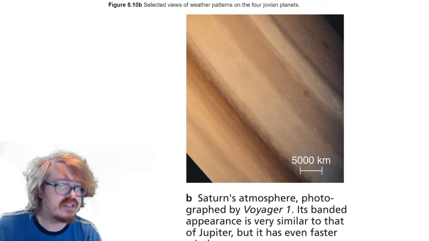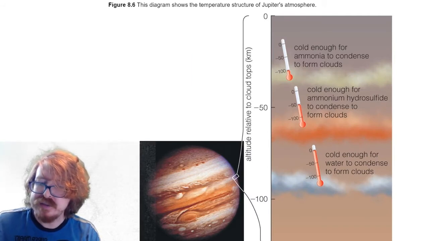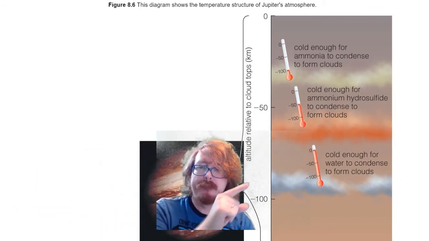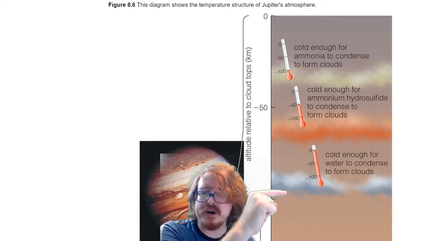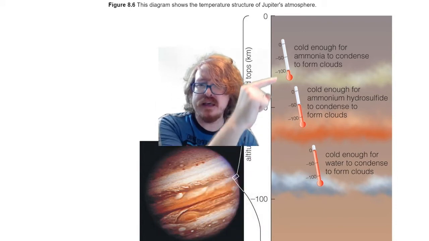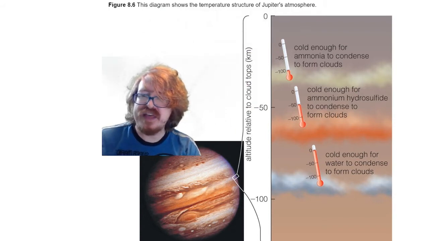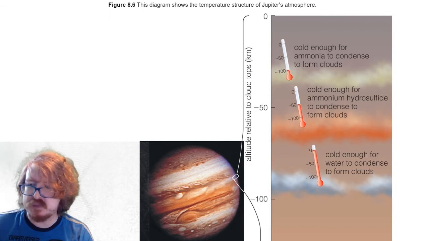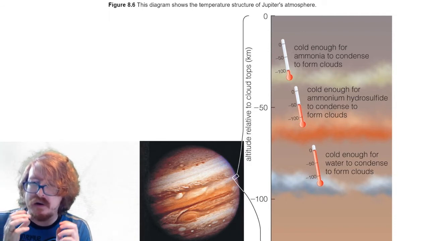So let me go back to the 3 layers on Jupiter. Check this out. These are the 3 cloud layers on Jupiter. I said that Saturn has the same 3 cloud layers, but they're more spread out. The water level is deeper down, and the ammonia level is higher up. And what that does is it changes the amount of detail we can see from space. When you're looking at these cloud layers, it's like looking through a fog.